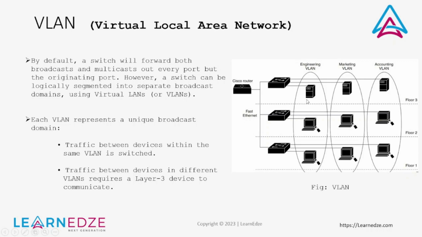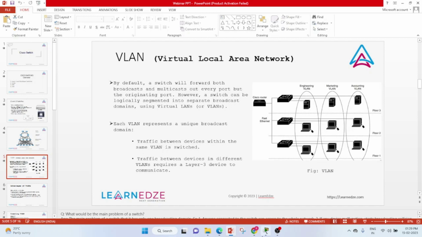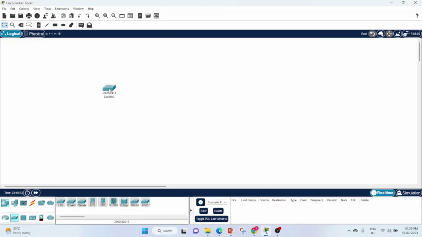Basically, in a VLAN, whatever physical ports we have, we divide these physical ports in a logical way. This is called VLAN. Let's check this on Cisco Packet Tracer.